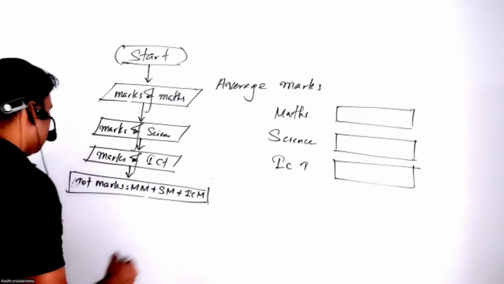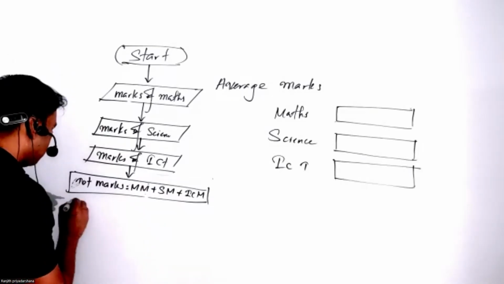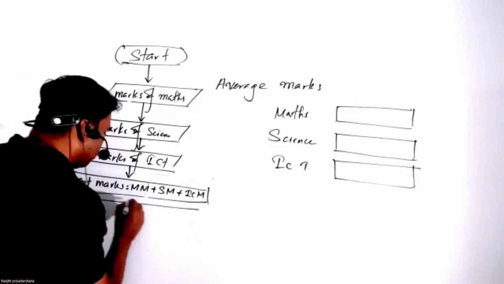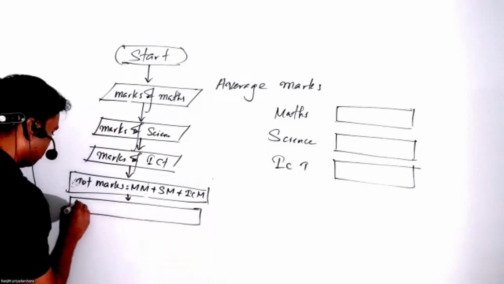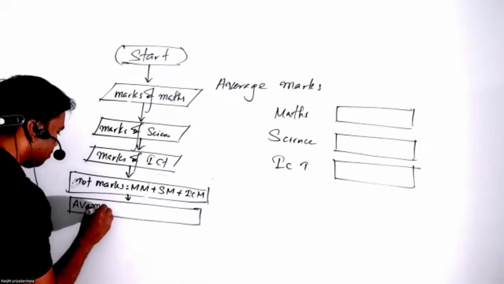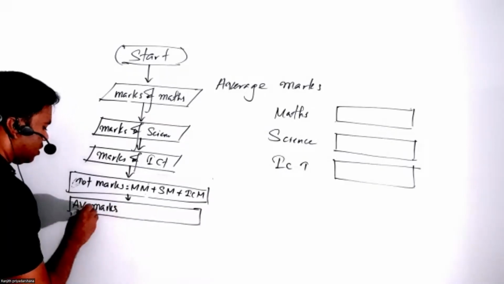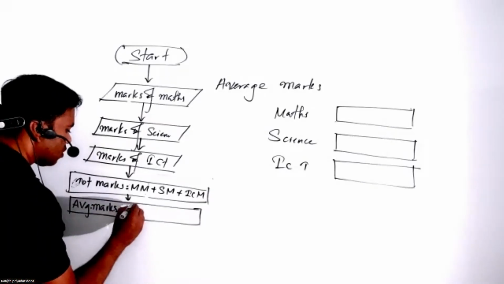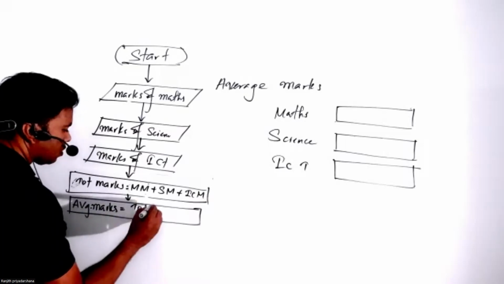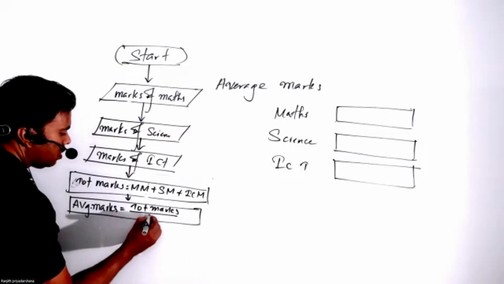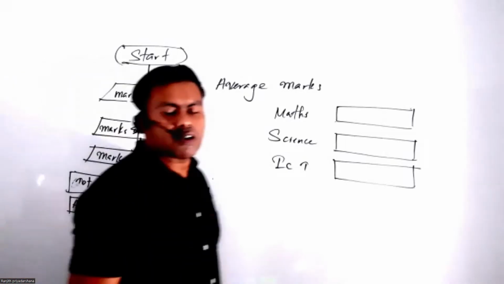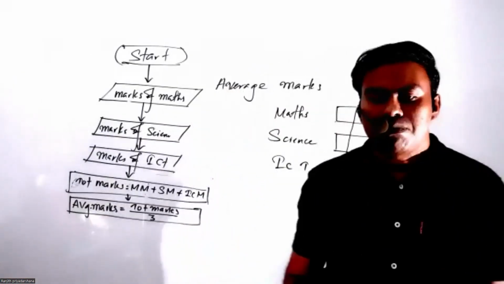Next, you process another one. What's it? Average marks, AVG marks. Average marks equals total marks divided by 3. So that's your process.